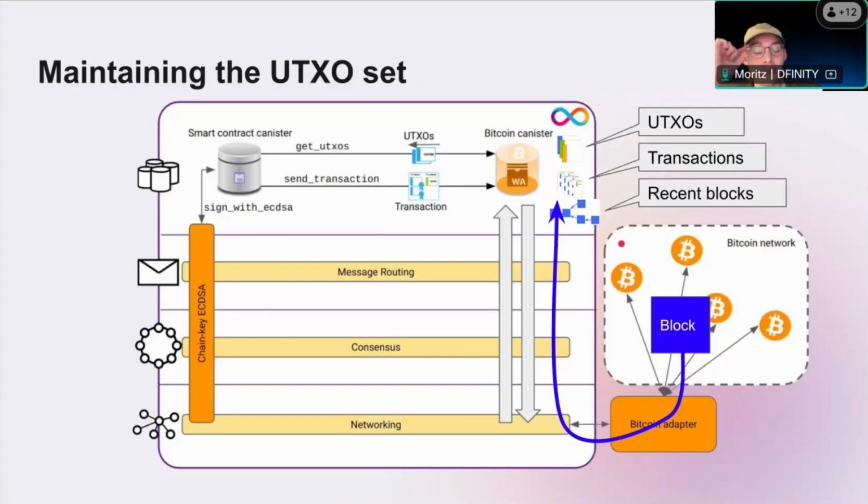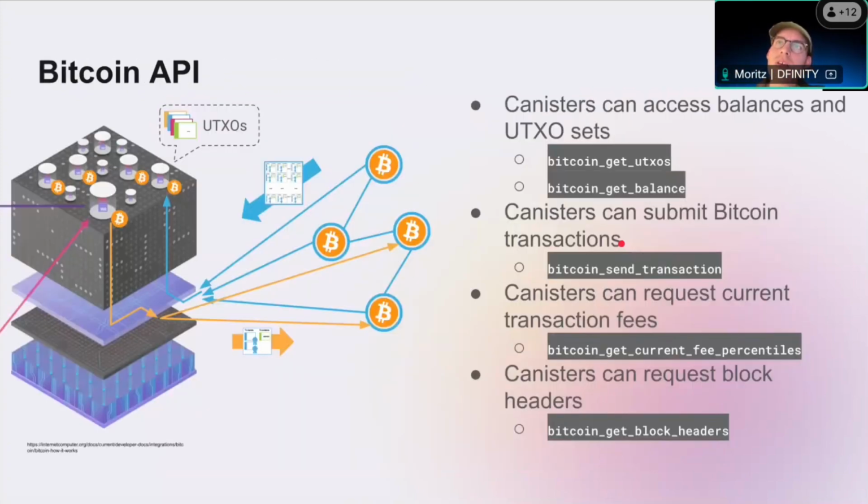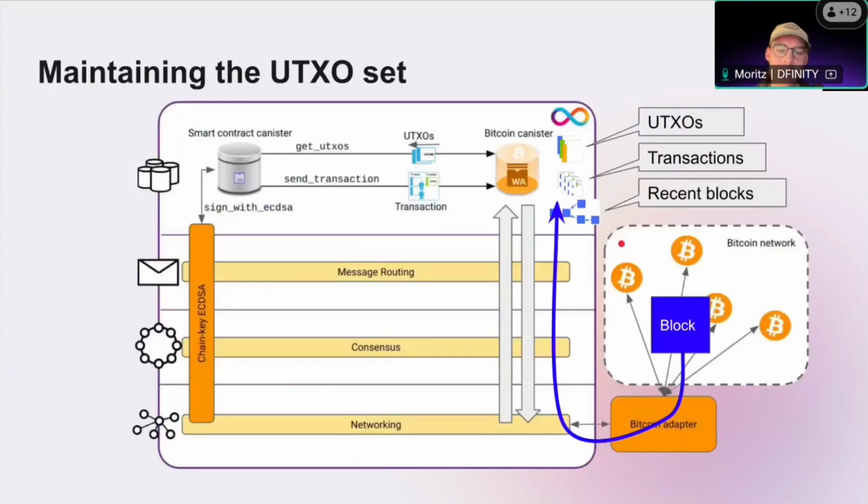But with indexing, so that the get UTXOs endpoint on the Bitcoin API and the get balance method can be enabled, you need indexing, right? Because otherwise, it takes too long, or the computational overhead is too big. And with indexing together, it consumes roughly 100 gigabytes of on-chain storage.